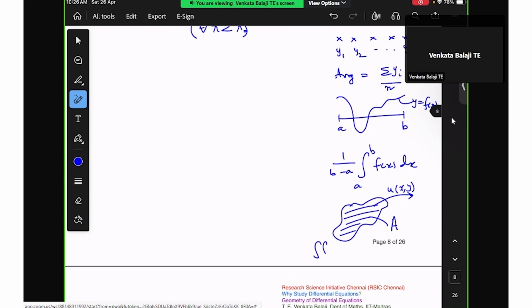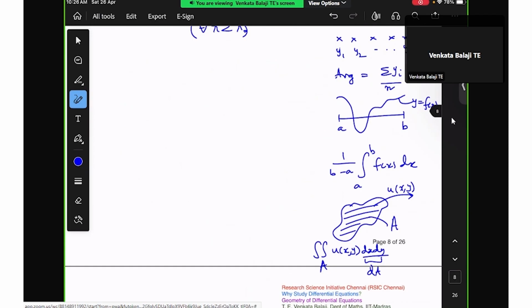It will be the double integral over A of u of x, y dx dy. Here dx dy is the same as dA, the area element. Remember, integration is just summing the function values. You are taking the function values throughout that region and summing up. It's a double integral because it's two-dimensional.